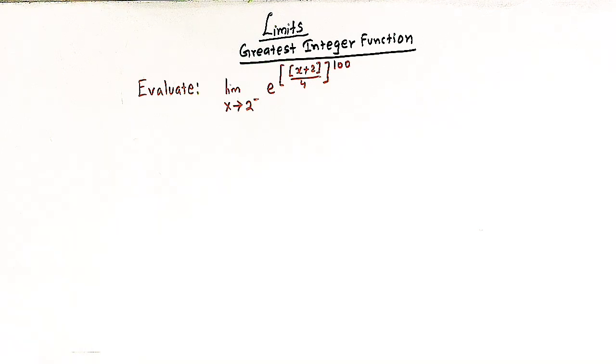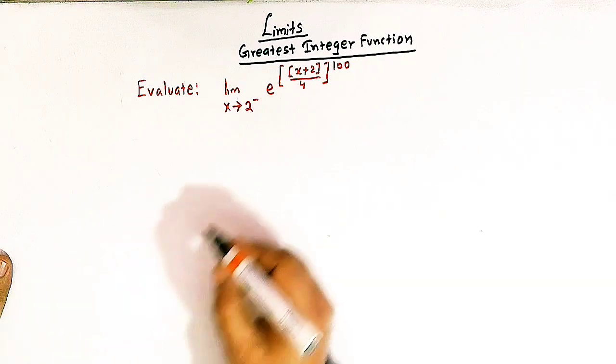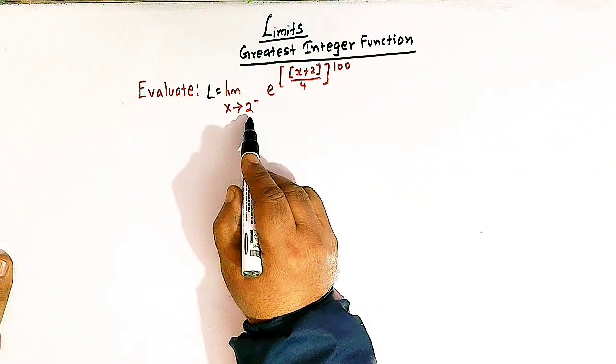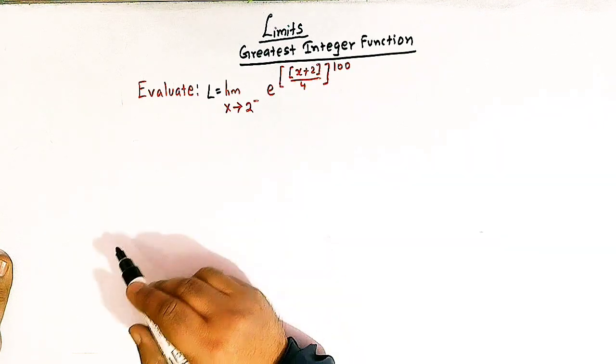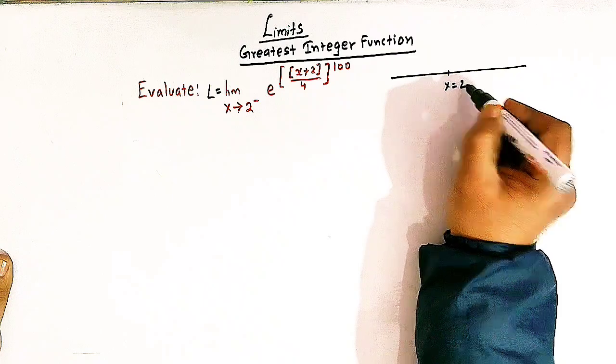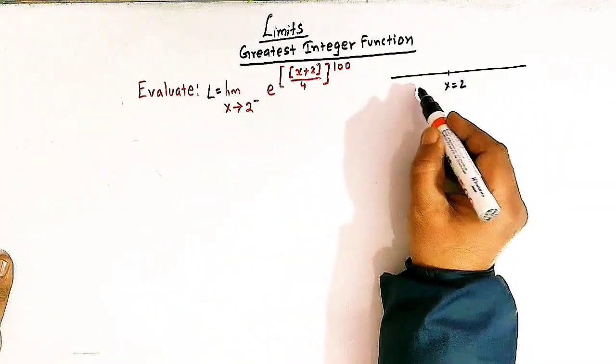So here we'll evaluate this limit with the help of some important properties of greatest integer function, right? So let us call this limit as L, right? So here x approaches 2 from the left of x is equal to 2, right? So here we have x is equal to 2 and we have to find the left hand limit.